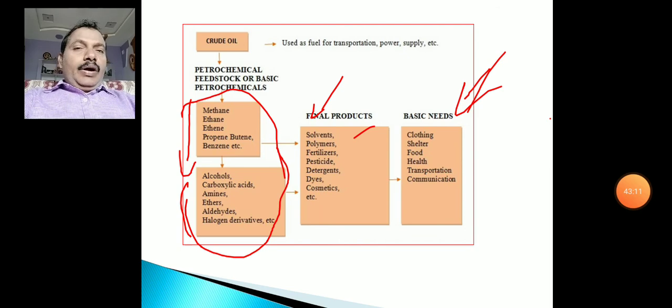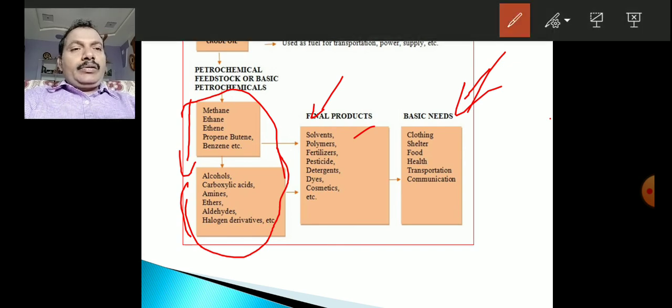Here, what we have to consider is that the crude oil is subjected to the atmospheric distillation column. For example, here is the atmospheric distillation column, which maintains different temperatures as you descend from top to bottom.